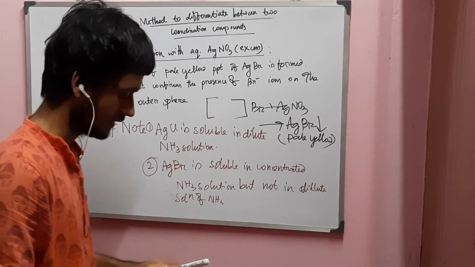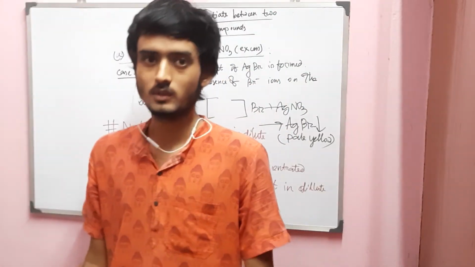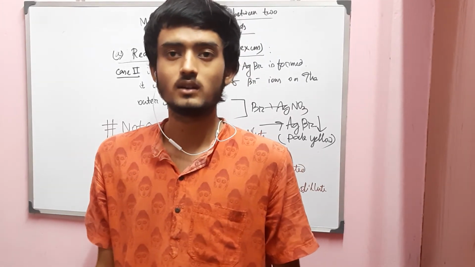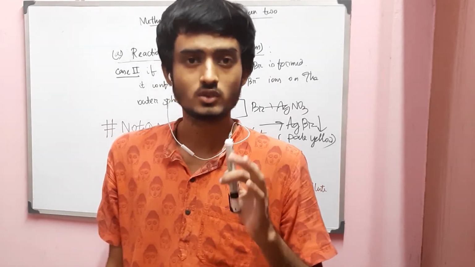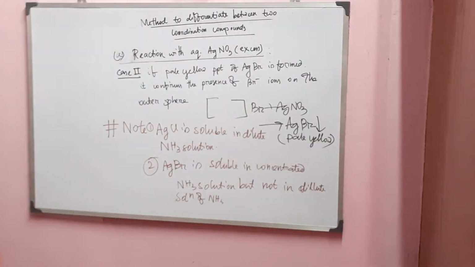So this is the main point here: AgCl is soluble in dilute NH3 solution, but AgBr is not soluble in dilute NH3 solution, rather it is soluble in concentrated NH3 solution. Okay, note down this. I will be continuing our next topic after this.